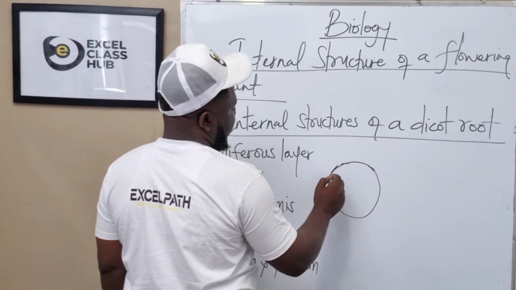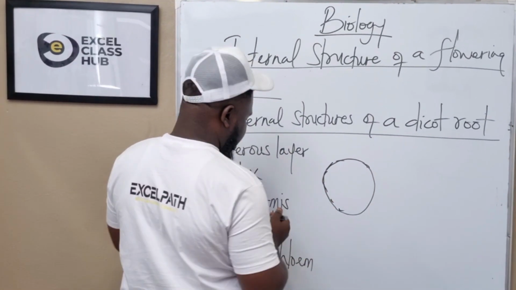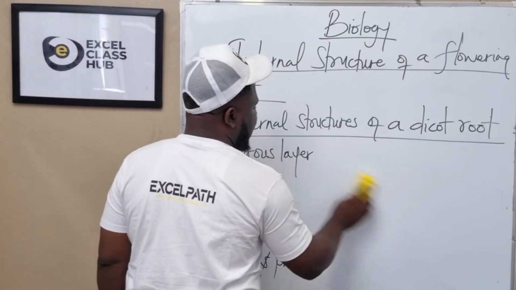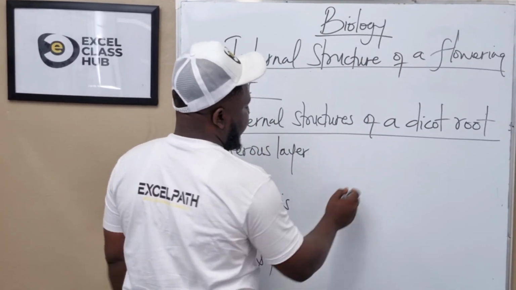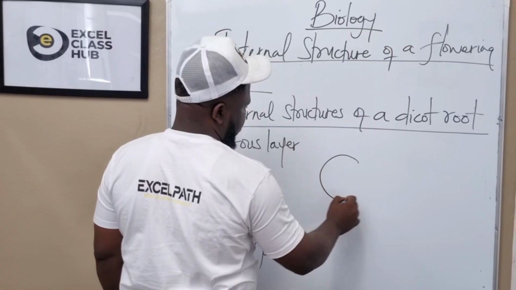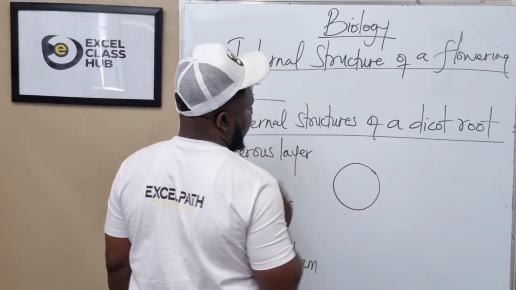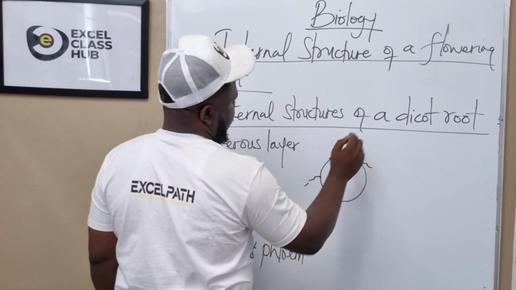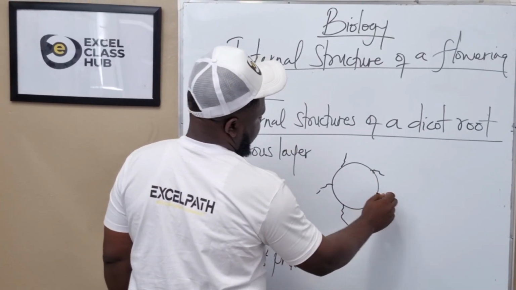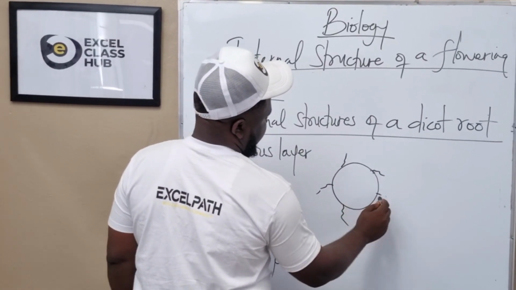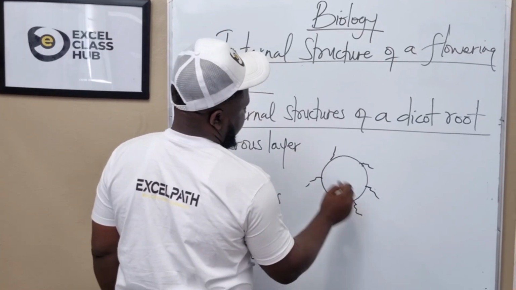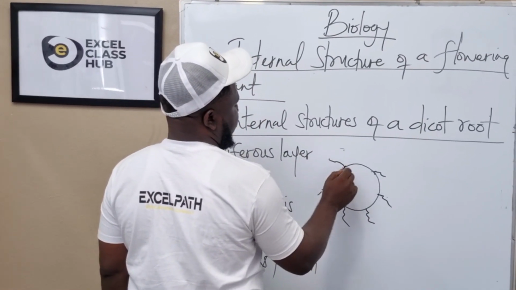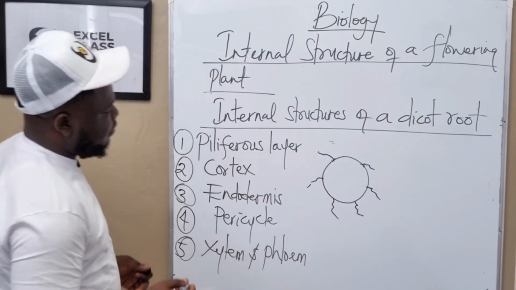Also, now take for instance, how do we differentiate the internal structure of a root from that of a stem?